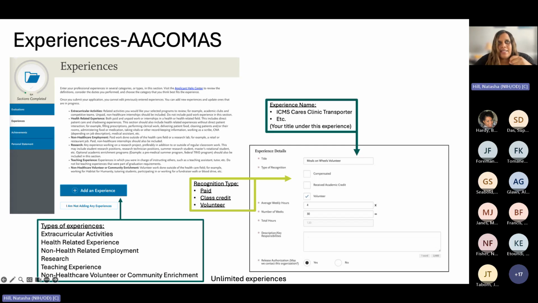And unlike the AMCAS, where you're going to select a month and a year, here you're going to put the number or average number of hours you worked per week, right? And then you're going to put the number of weeks that you were involved in this activity. And the application system is going to determine the number of hours that you get through simple multiplication, of course.